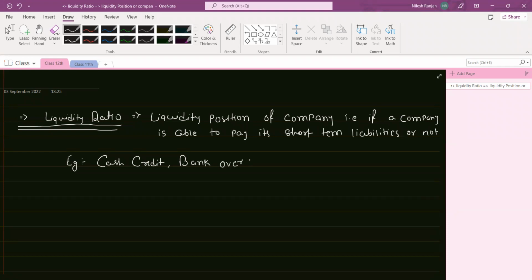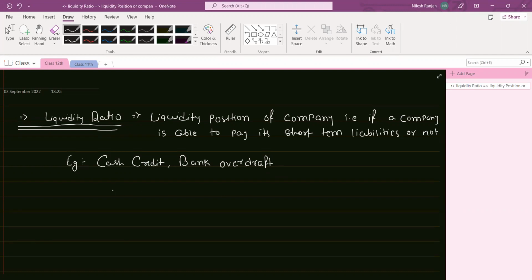We are discussing the ratio chapter, and it is based on the company balance sheet, the financial statement of a company. You know about drawing, which is in a proprietorship or partnership business, but there is no drawing in a company.